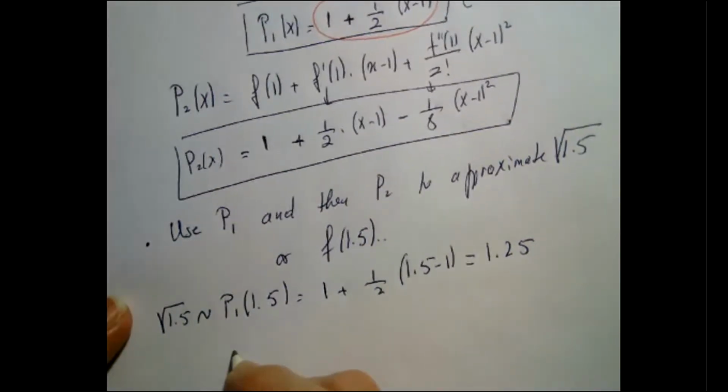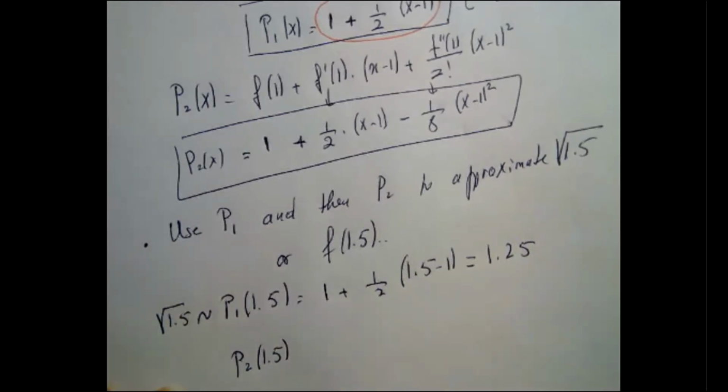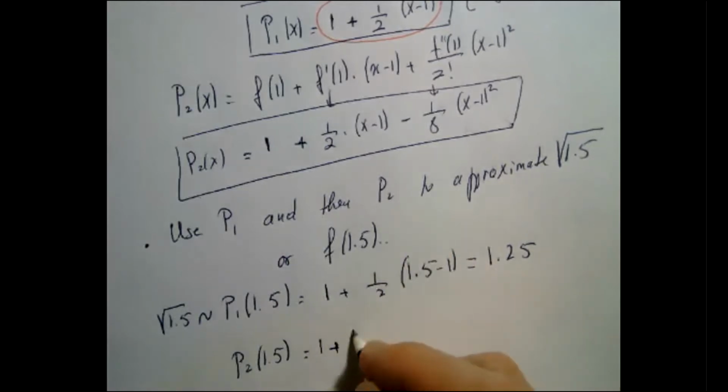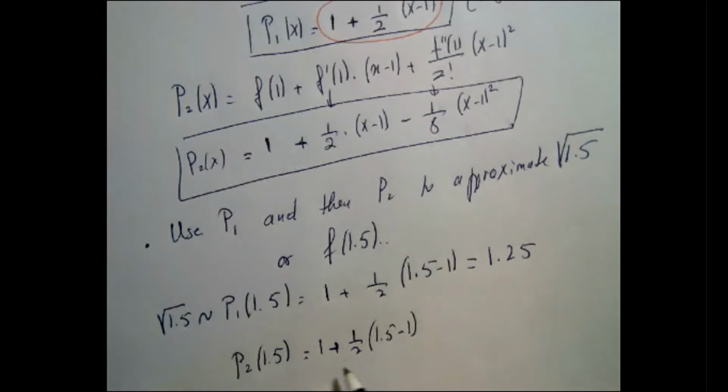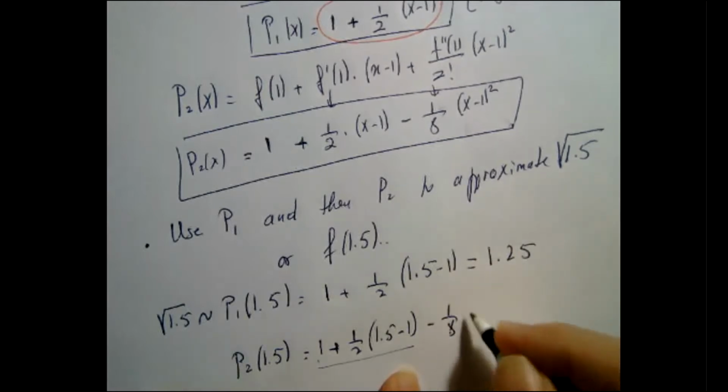We're going to use them to approximate the value. Now, when we take the second degree, we should get a better approximation. So if I take the second degree, we get 1 plus a half, 1.5 minus 1. The first terms are the same. We're adding the quadratic terms.